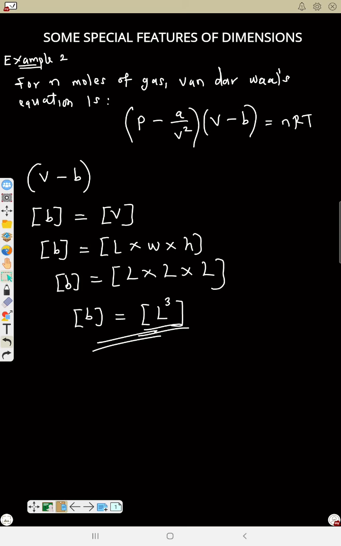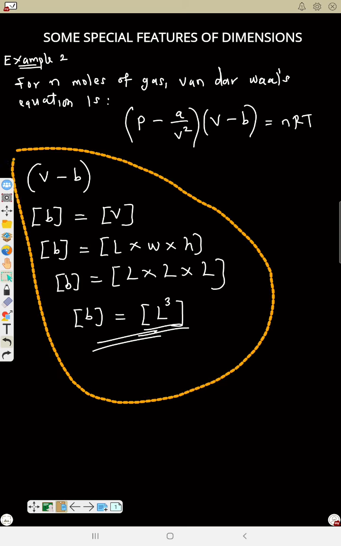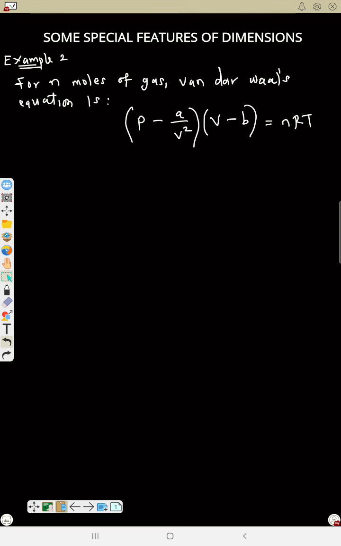Now what of the dimension of A? To find the dimension of A is also easy. You need to consider this bracket, that is P minus A over V squared.